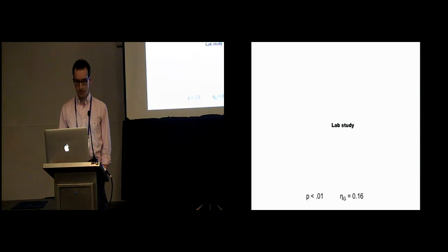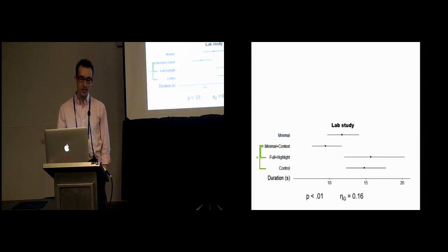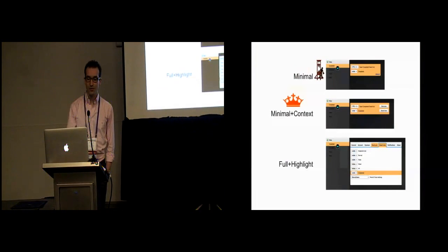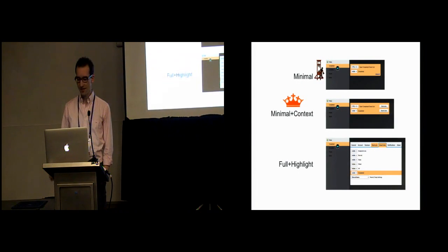And we found the same p-value, pretty much the same effect size, except that this time it was the minimal plus context variant that was faster than the others, whereas in the previous experiment it was the minimal variant. So this time minimal plus context is the clear winner.